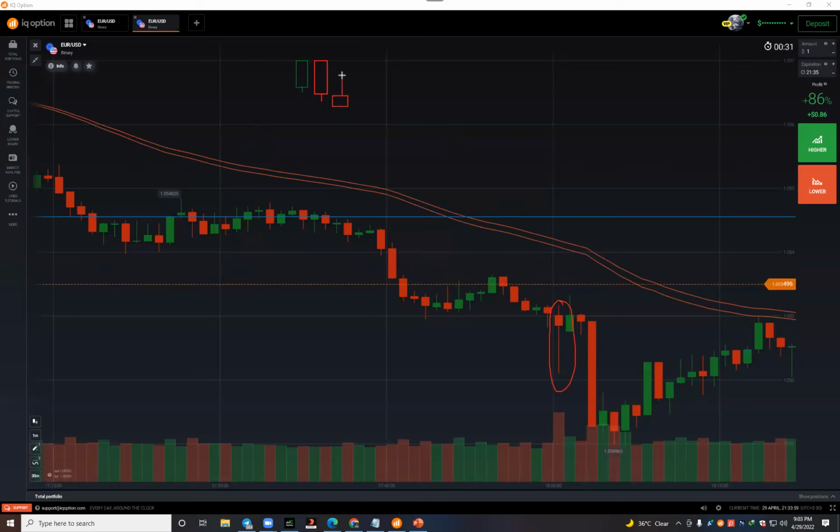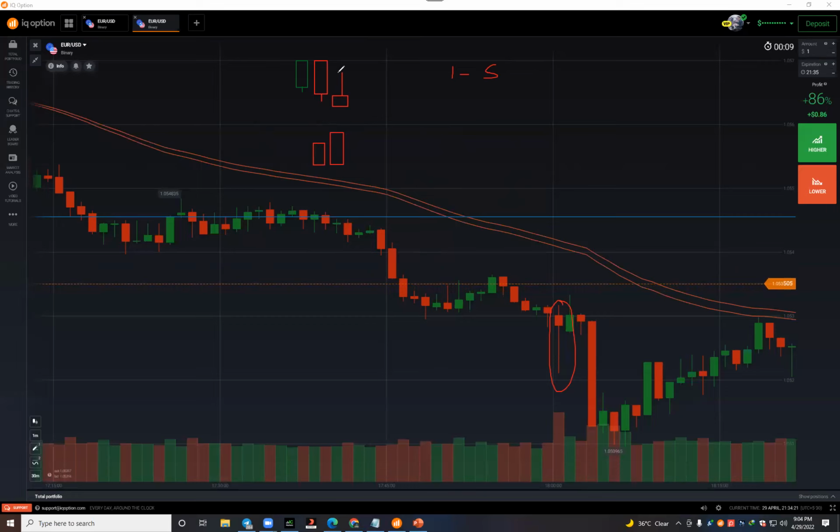In price action, what does it mean? Engulfing is a continuation sign, that DAX can continue, right? So this decision is in favor of sellers. Volume is decreasing here and increasing here.